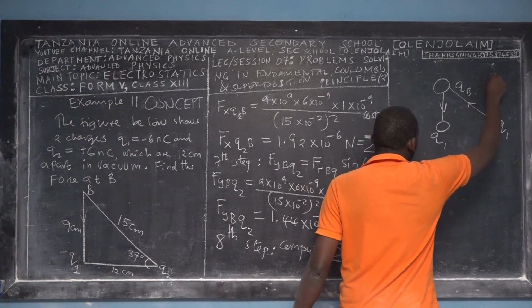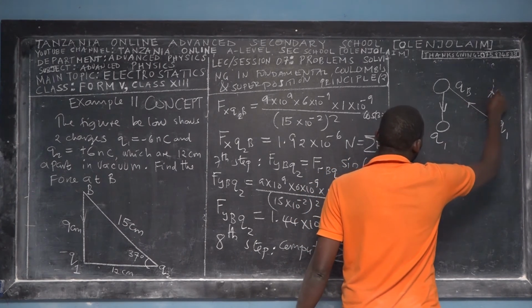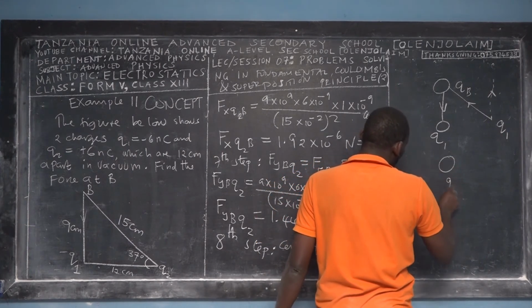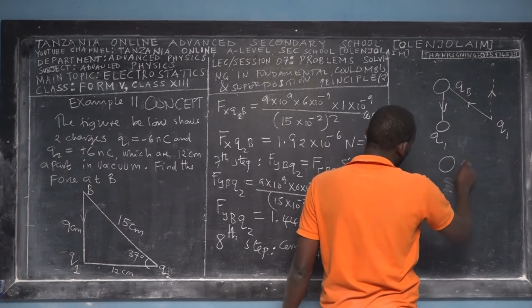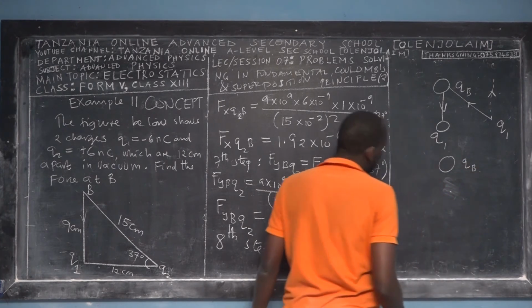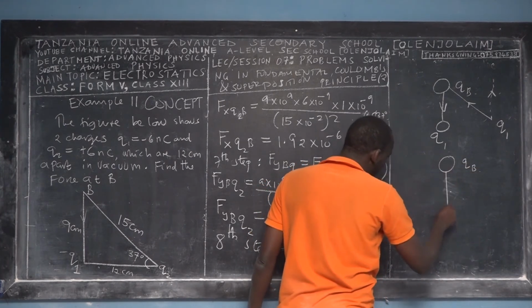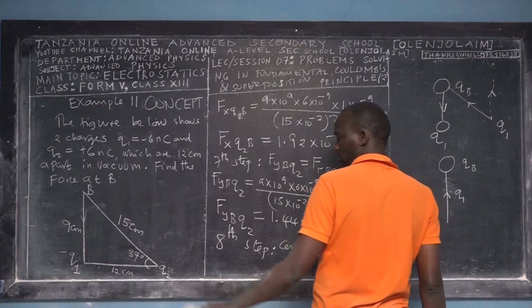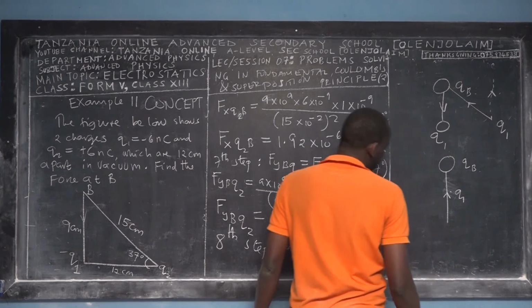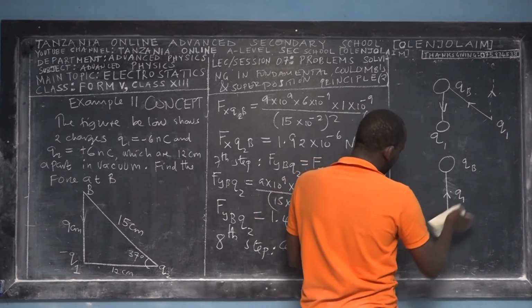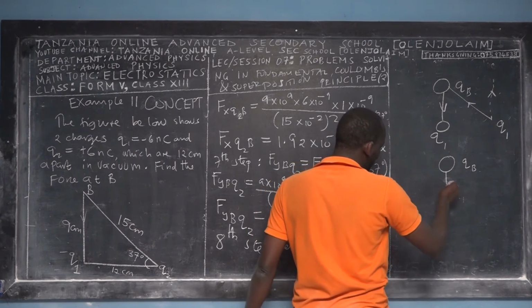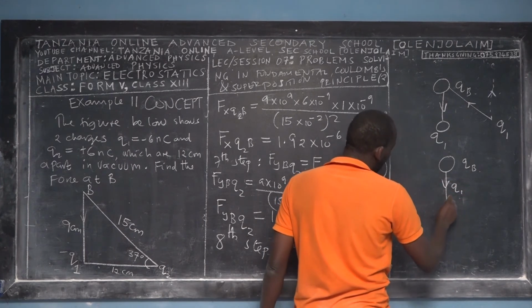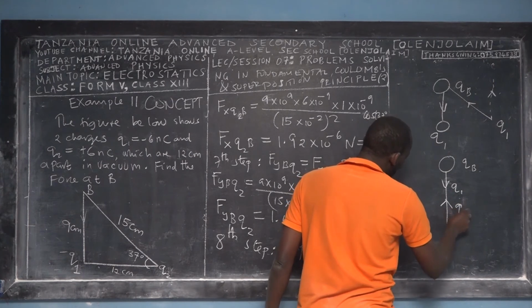So if we resolve the force, you find that it's pushing it up. So it means that Q, the point charge of 1 nanocoulomb at B, will be attracted down by Q1, and then it will be pushed up by Q2.